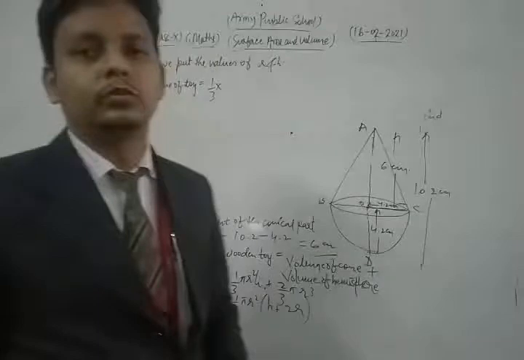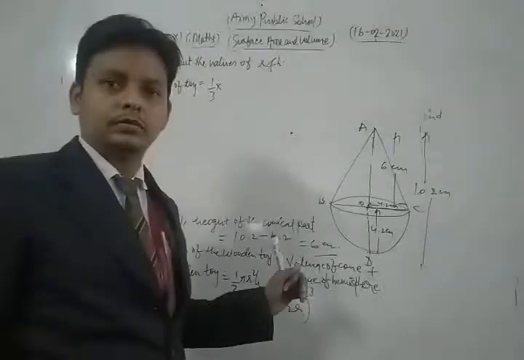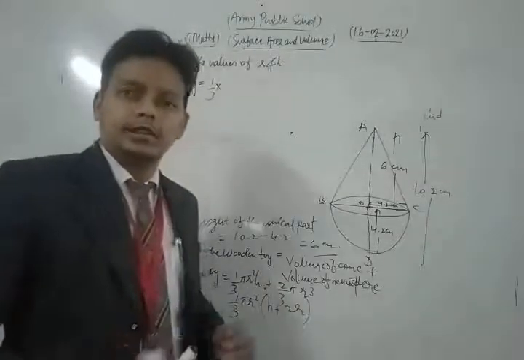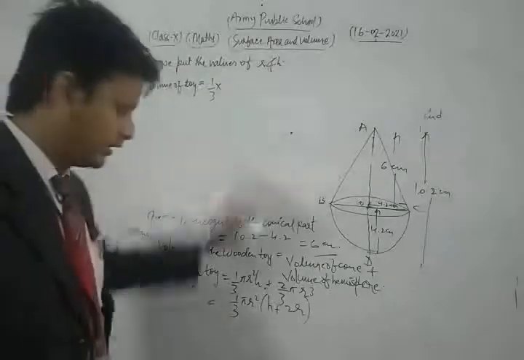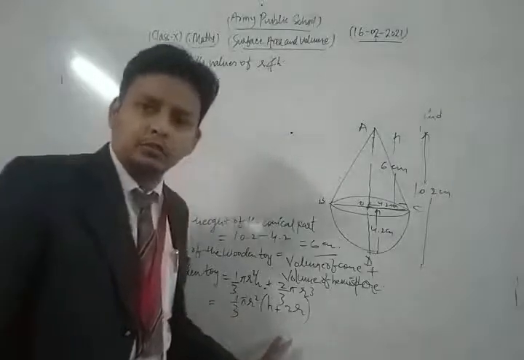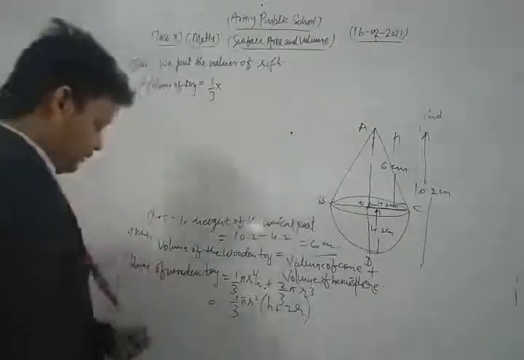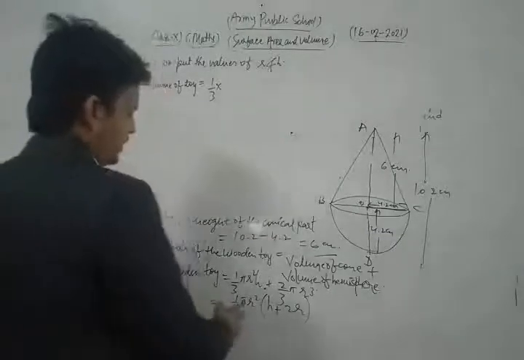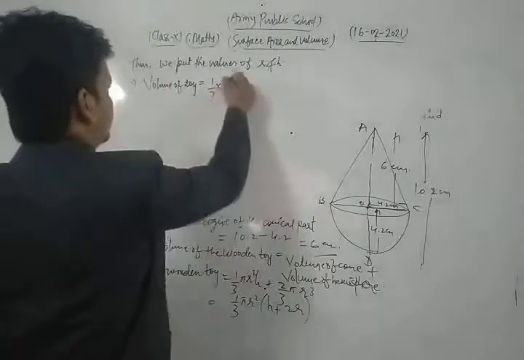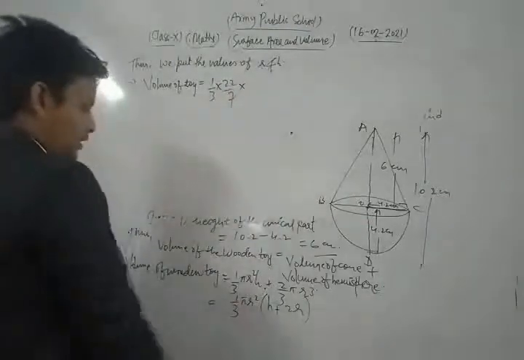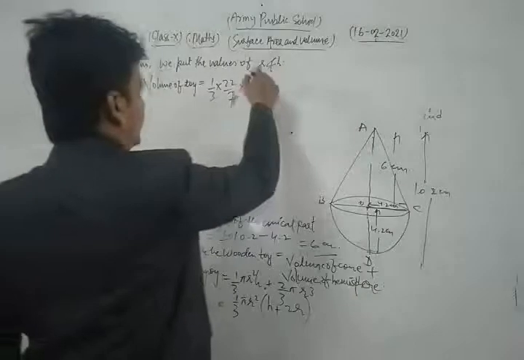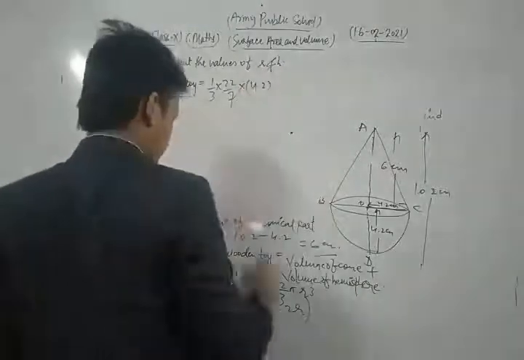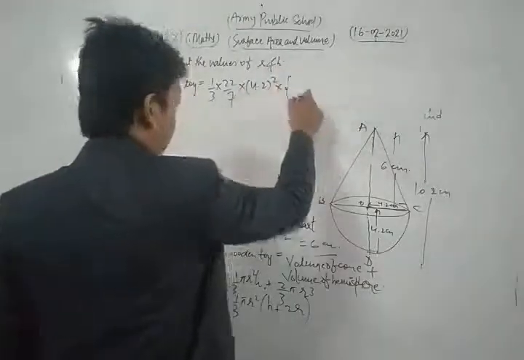Thus, we put the values of r and h in the given formula. So here 1 by 3 pi, the value of pi is 22 upon 7, into r square. The value of r is 4.2. So we have 4.2 square into h plus 2r.